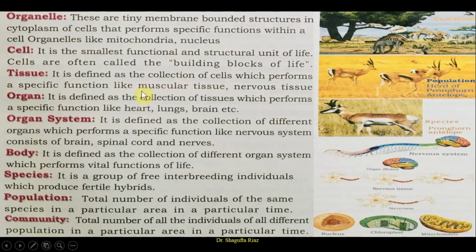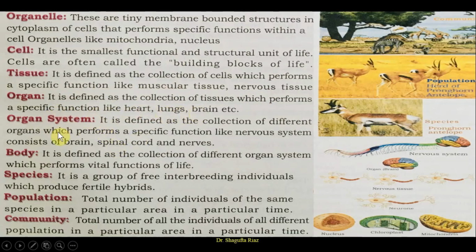When similar cells combine together, they form a tissue which performs a specific function, right? Like muscular tissue or nervous tissue. Then similar tissues form an organ which performs a specific function, like heart, lungs, brain.